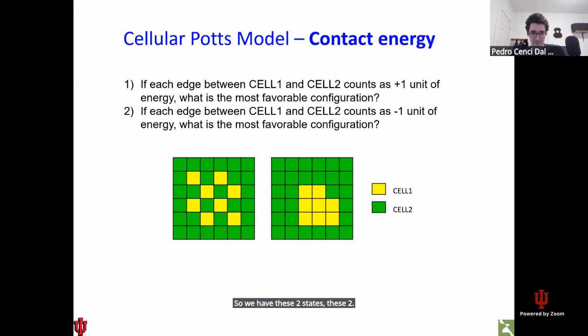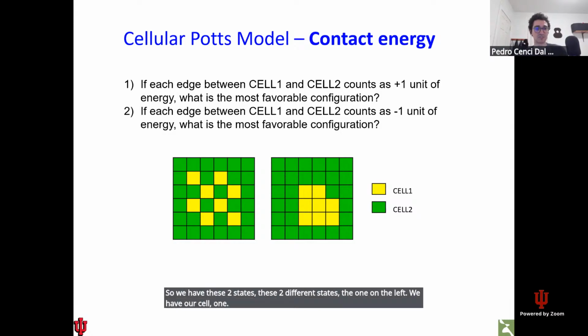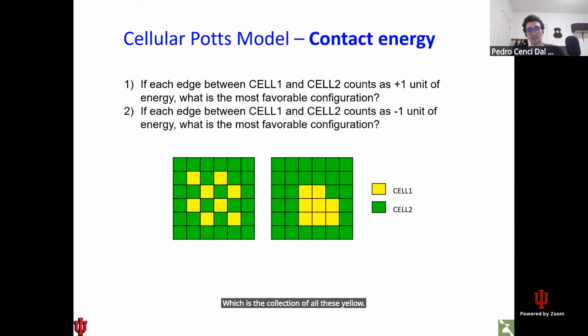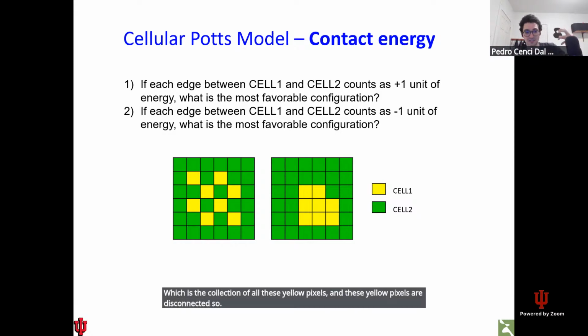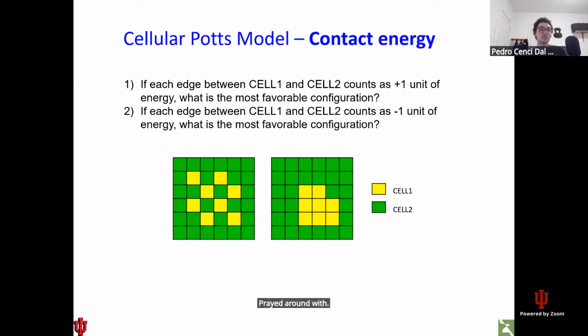The one on the left, we have our cell 1, which is the collection of all these yellow pixels, and these yellow pixels are disconnected. So they are spread around with a lot of contact with those green pixels. And on the right side, we have our cell 1 very compact with less contact with our green pixels.